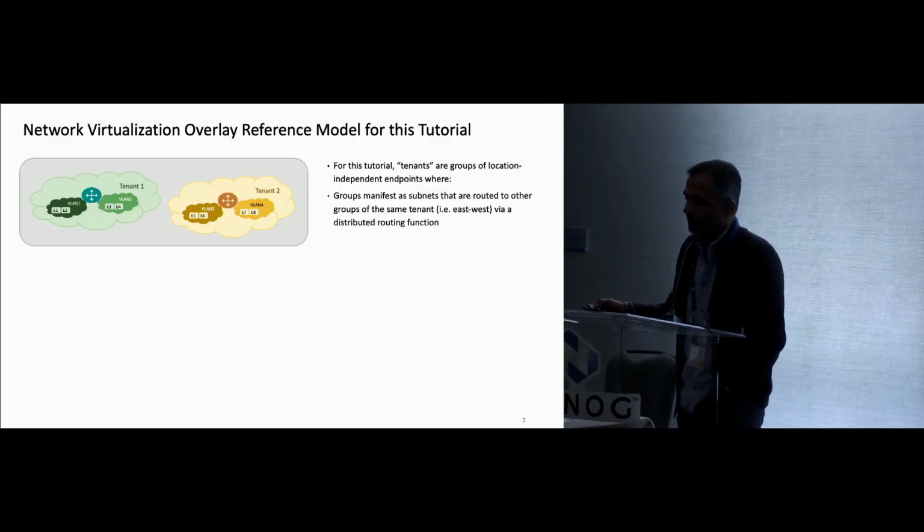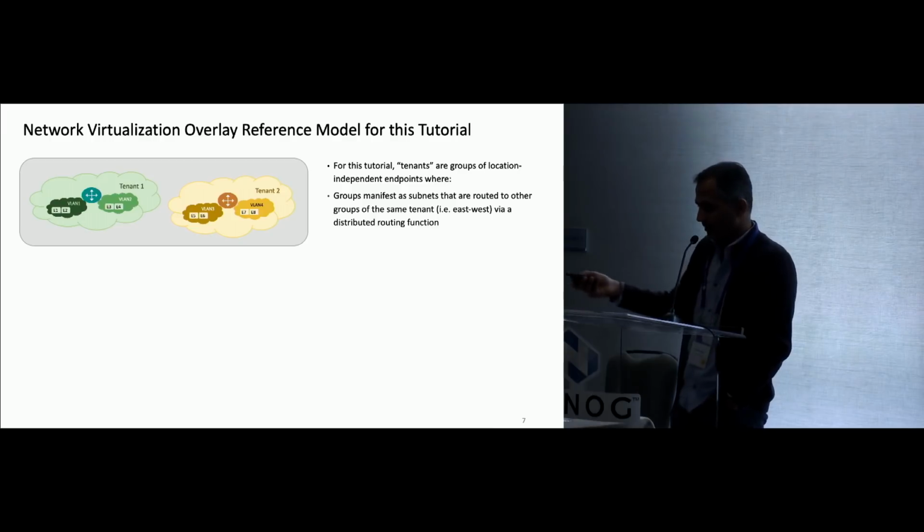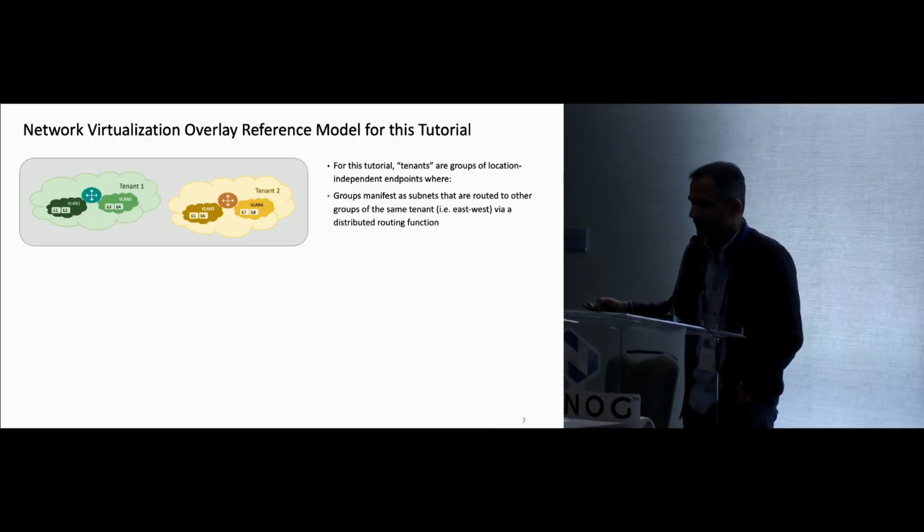Groups are manifest as subnets for this tutorial. These subnets are routed to other subnets using a distributed routing function. All intra-tenant traffic we will refer to as east-west traffic. So inter-subnet traffic within a tenant and intra-subnet traffic within a tenant is east-west.